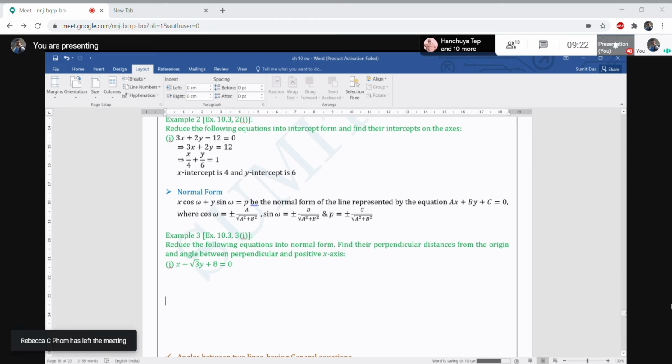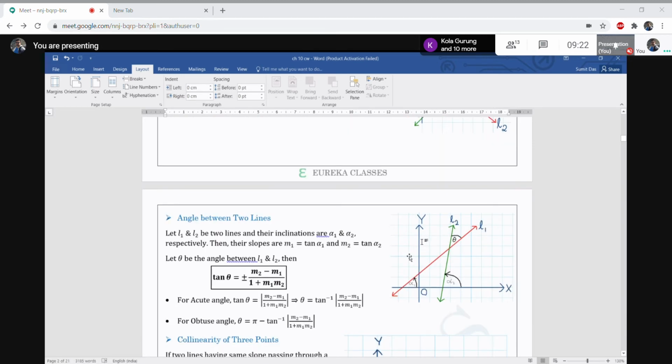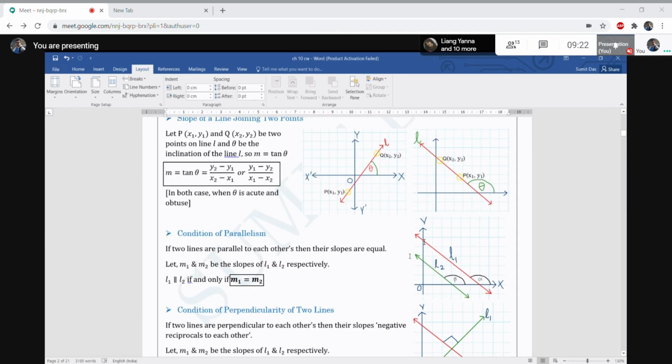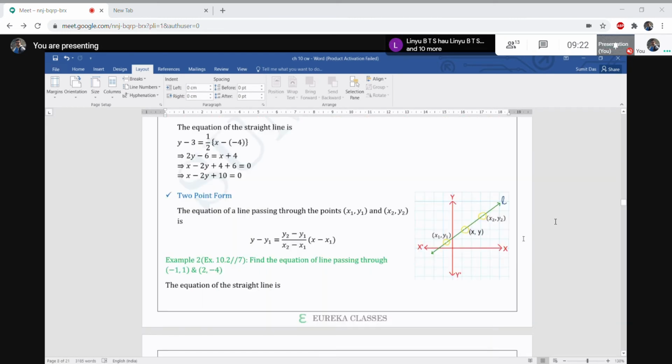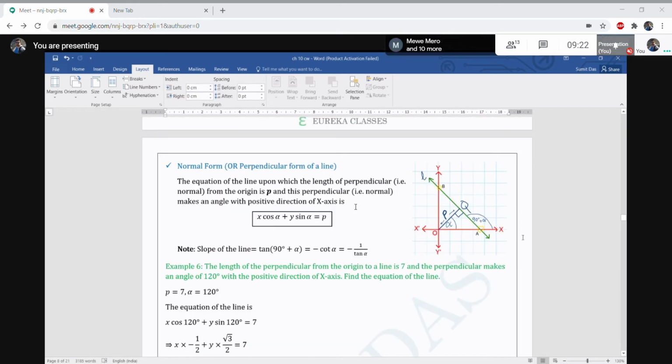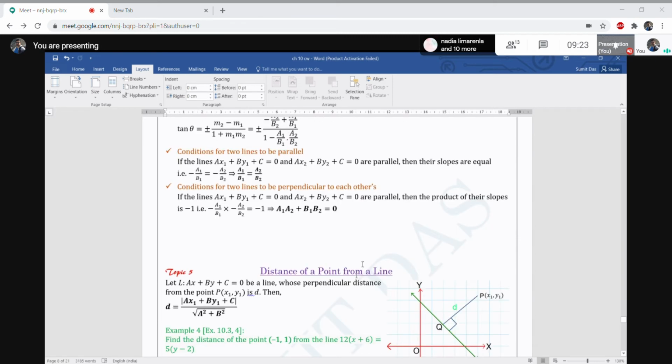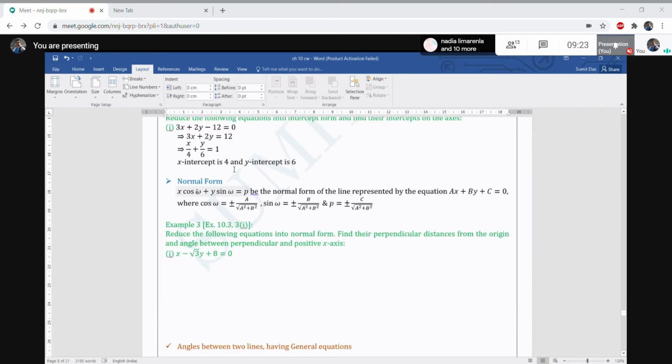If you see the normal form, the perpendicular is making alpha angle with the x-axis. So we have to find this angle and we have to find the perpendicular distance p. Basically in this form we have to find the omega and the value of p.